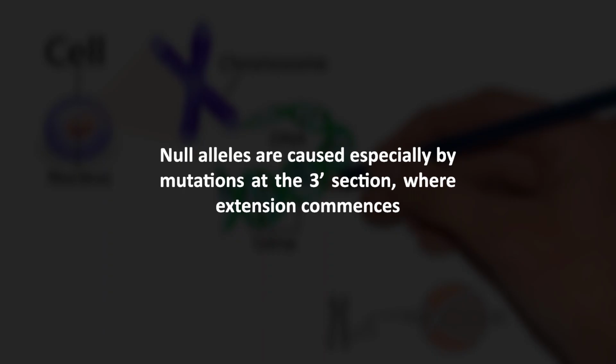This can cause confusion in paternity casework. It may then be necessary to amplify the microsatellite using a different set of primers. Null alleles are caused especially by mutations at the 3' section where extension commences.